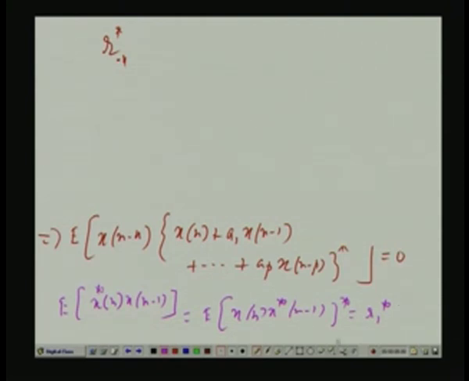Or maybe, if you permit me, I rewrite the entire thing in a slightly different way, that is mathematically more convenient to handle. Because of the orthogonality, I write the orthogonality in the other way. In fact, that is a simpler way than what I did earlier.